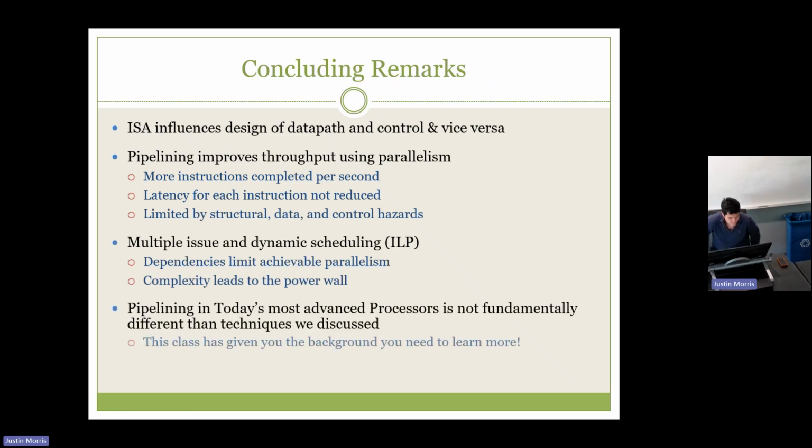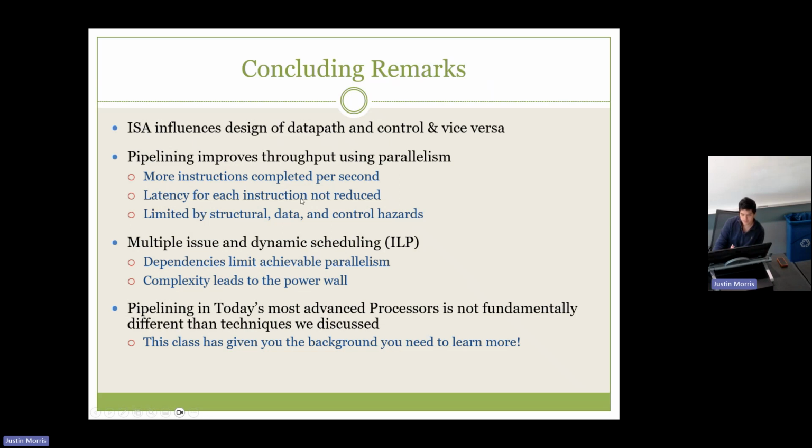So some concluding remarks on the data path and architecture. The ISA is going to influence the design of the data path and the control. Pipelining is improving throughput using parallelism. So we have more instructions completed per second. That's our throughput.